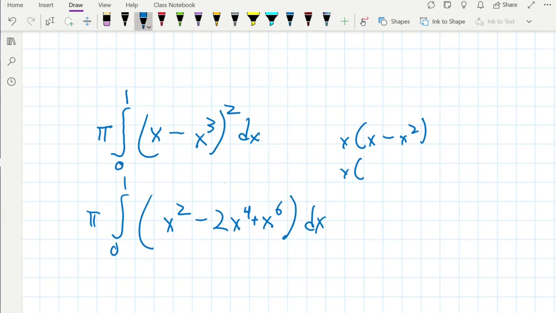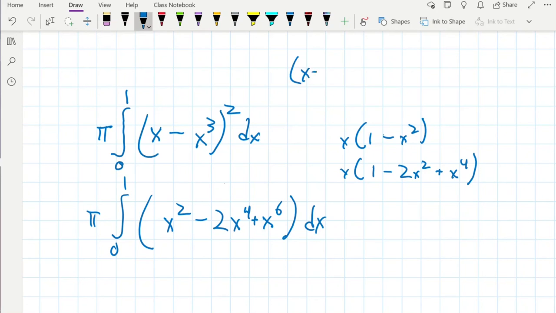I think I may have done this wrong. Unless I can't factor that x out, which also could be, and I don't think I can actually factor it out.